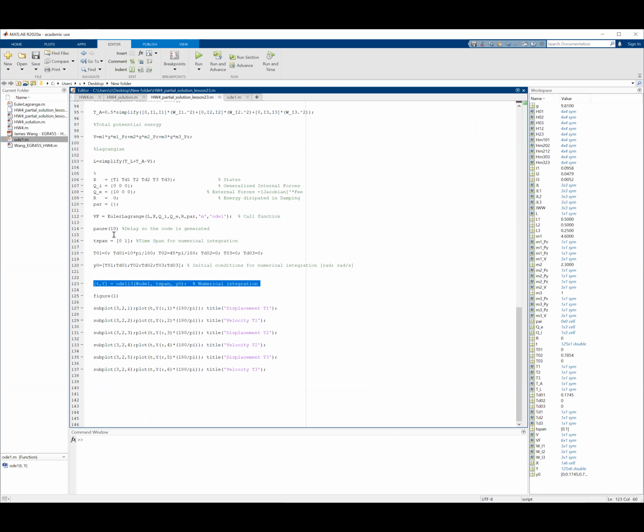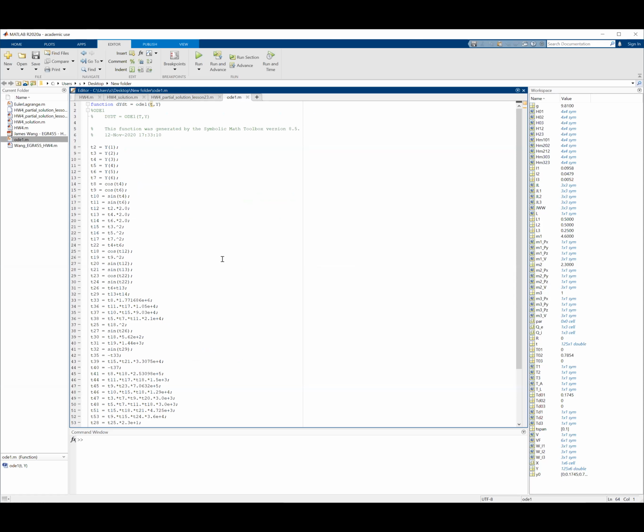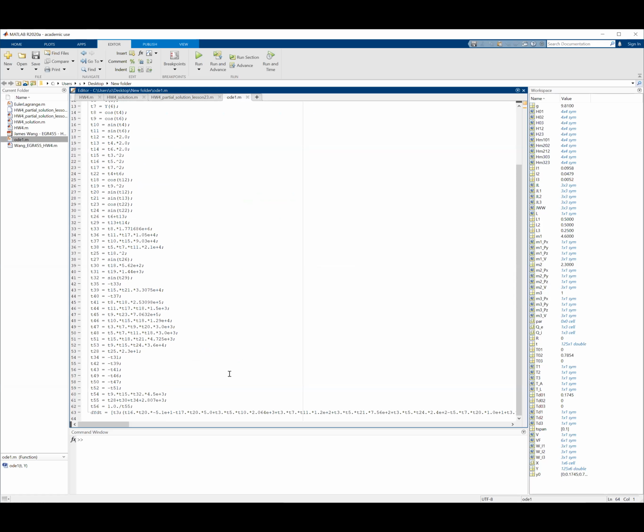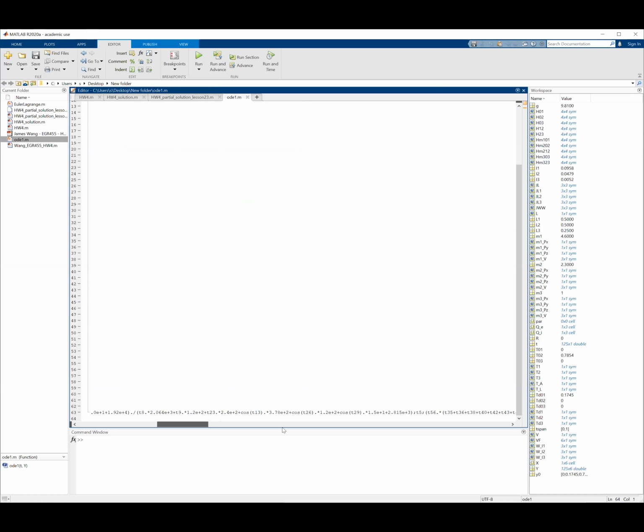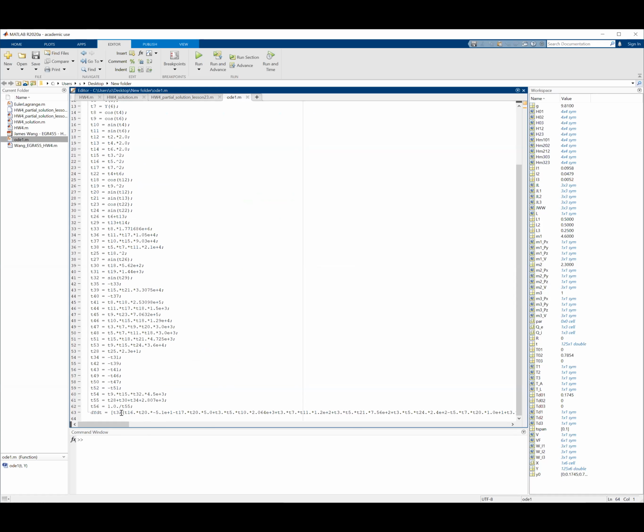Or, to handle time varying torques or time varying forces, you can directly go into ODE 1 and check this out. You have to modify the last line of your code, and then you should be able to handle the time varying torques.